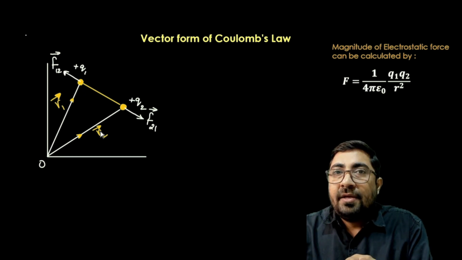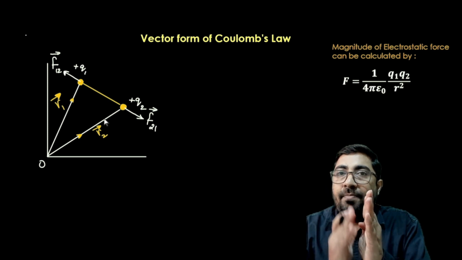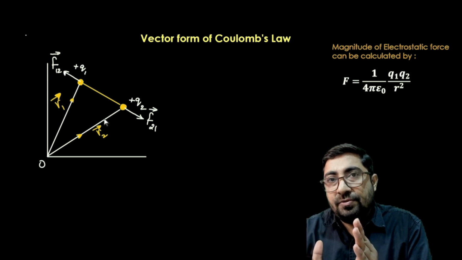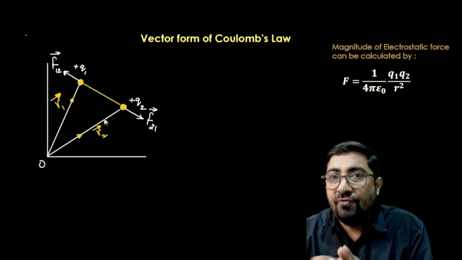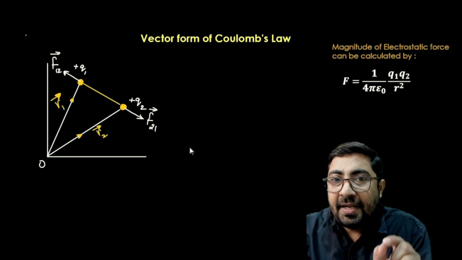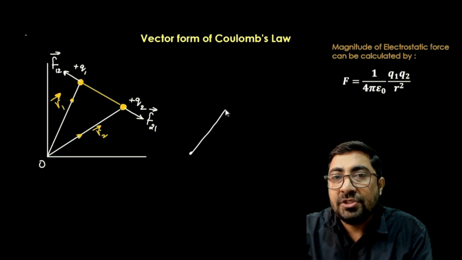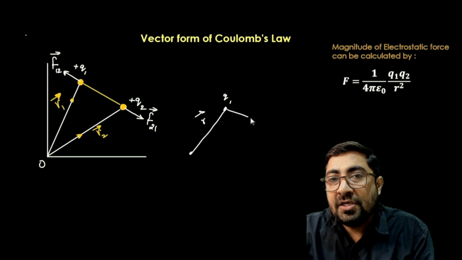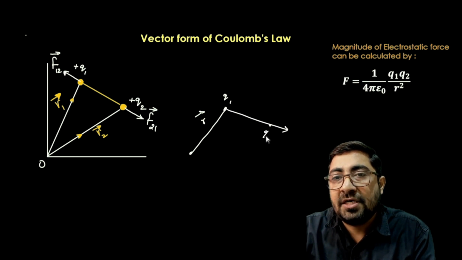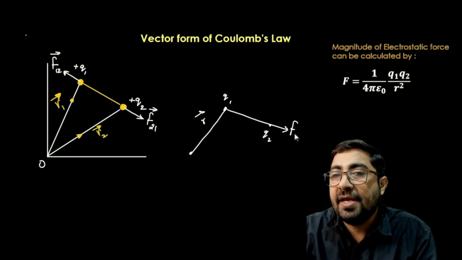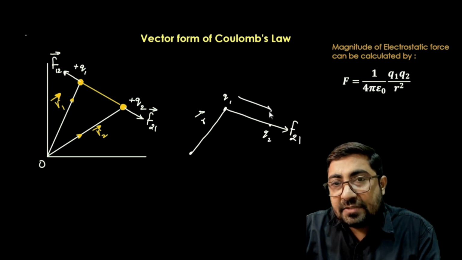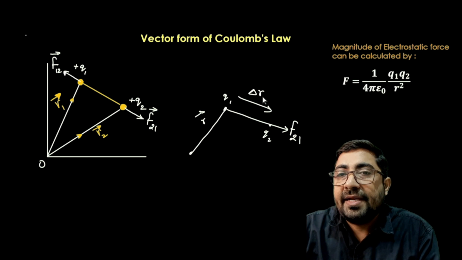When the force applied by charge q1 on charge q2 is represented by F21, it means that from the origin this is the position vector for the charge q1, and it is applying force on the charge q2. So this is F21, and this is the displacement vector, let's say delta r.